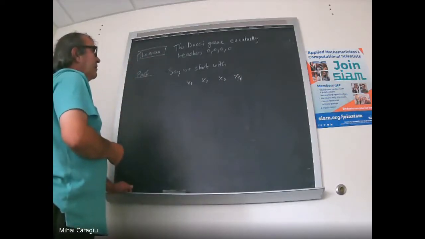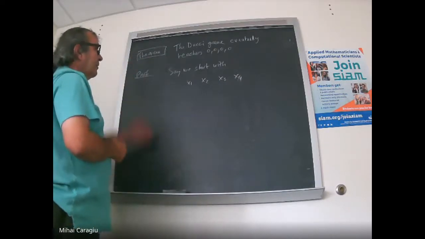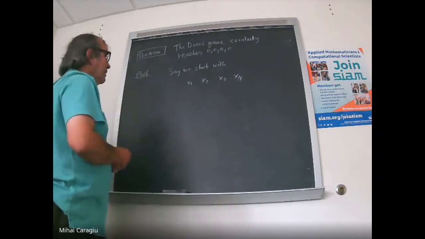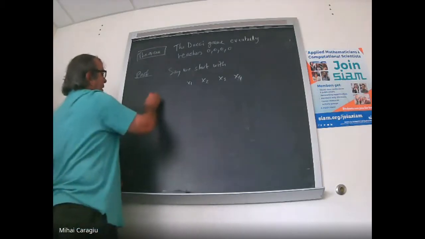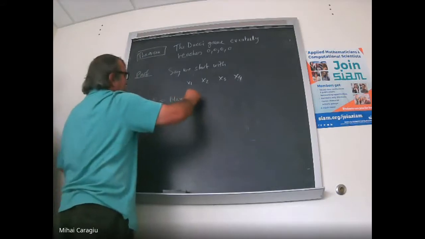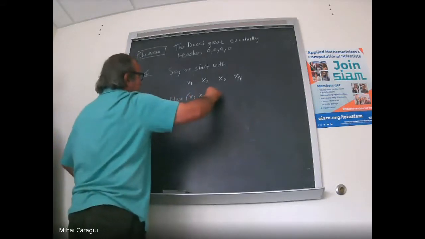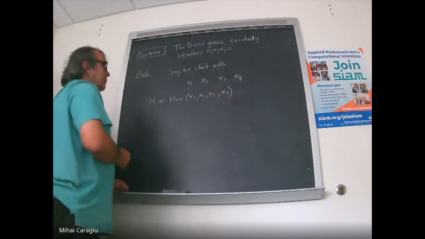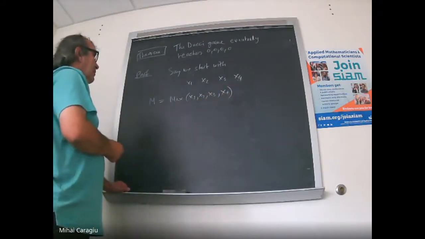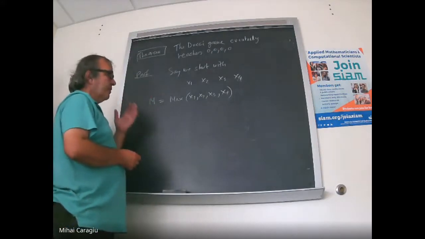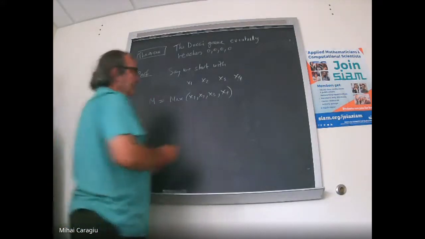Again, let's assume that all the numbers appearing in the game are non-negative integers. Let m be the maximum of x1, x2, x3, x4. So m is the maximum number in the first row of the Ducci game.